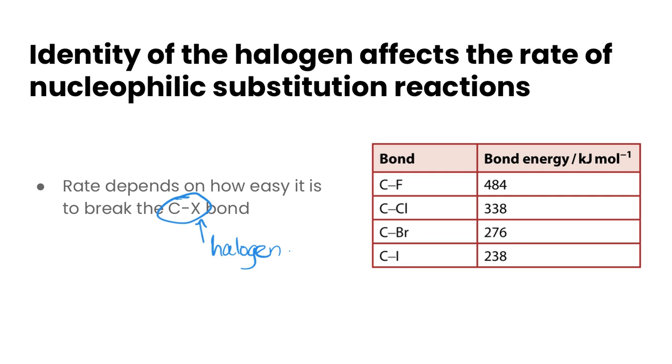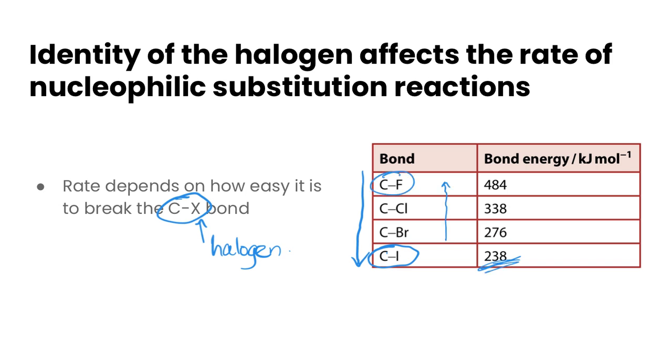We'll see in a different video that nucleophilic substitution reactions can undergo a couple of different mechanisms depending on some other factors. Both mechanisms, though, do involve the carbon-leaving group bond breaking in the rate determining step. If we take a look at bond energy as we go down that group in the periodic table, you'll see that carbon-iodine bonds are the easiest to break, and it gets harder and harder.